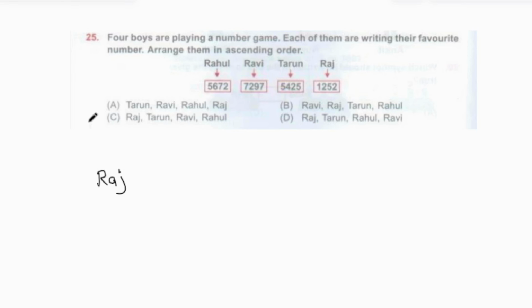Since this is the smallest number, we can easily eliminate option A, option B. Right? Now we have to find out the next smallest number. The next smallest number is going to be Tarun, which is 5425. Let's write down Tarun.